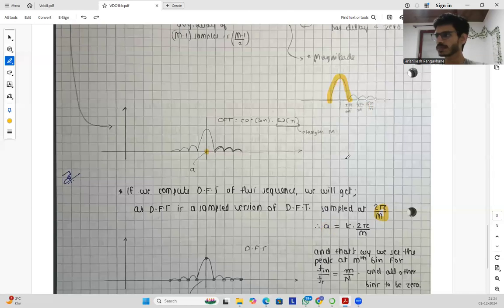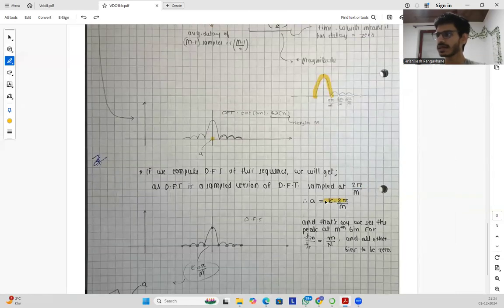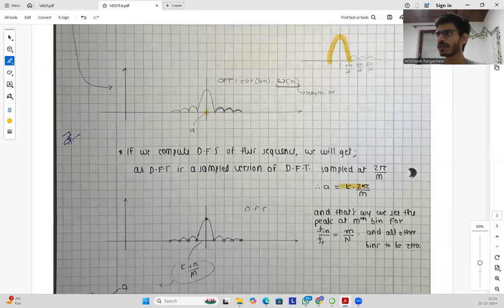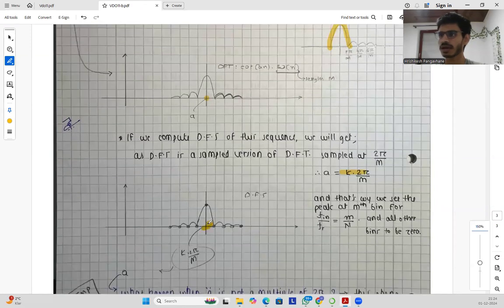So when a is basically 2 pi by m, then our a becomes k times 2 pi by m, where k is an integer, and the Fourier series is again a sampled version of the DFT.